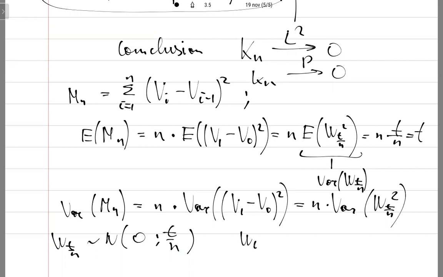WT over N, I may represent as square root of T over N multiplied by some Z, where Z has a normal 0, 1 distribution. If I multiply by square root of T over N, then the variance will be multiplied by T over N.